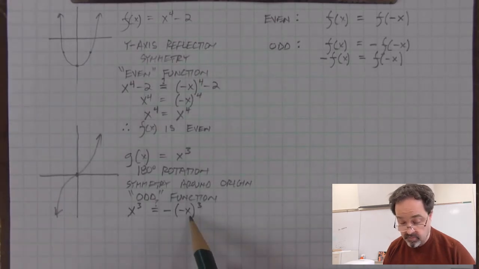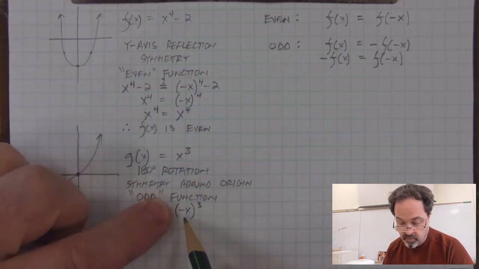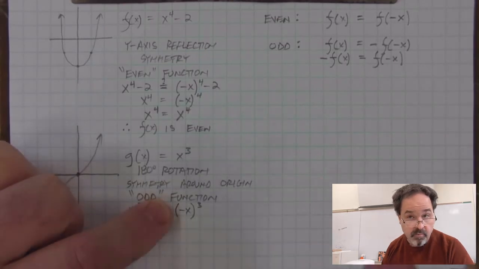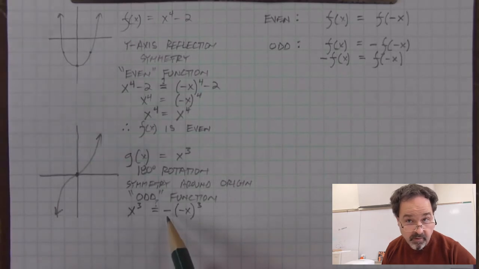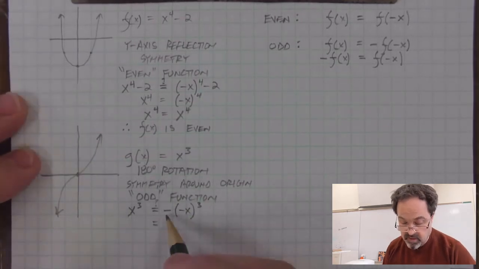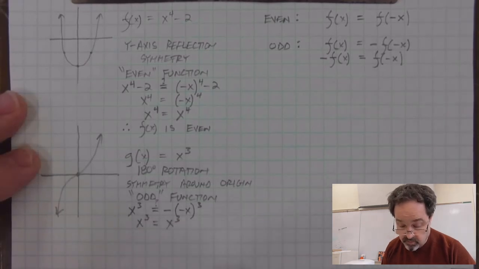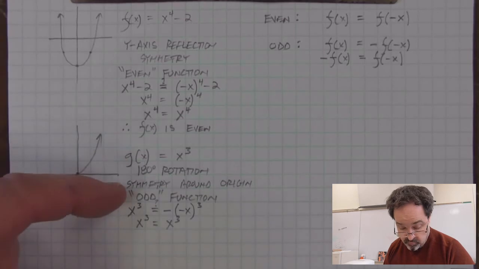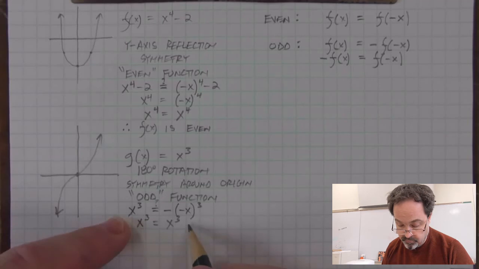But the last time we multiply, for the cube, we multiply one more time and turn it back negative. So a negative number times itself an odd number of times remains negative. But then we have this additional negative out front to turn it back positive, which means that the negative of a negative cubed is positive, and in this case equal to the other side. So it is true when we tested that it was odd, that it ended up being odd, and we have proven, we could say, therefore, g is odd.